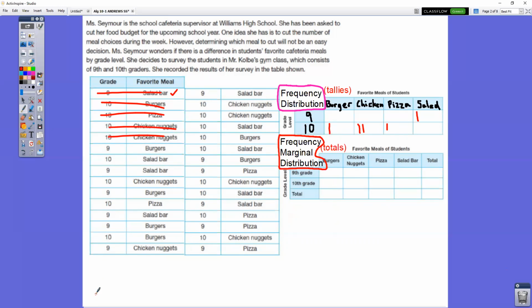The next one is 9th grade burger. So we put one little slash there. 10th grade salad bar, 9th grade salad bar, 10th grade chicken nugget, 9th grade burger, and we're just going to keep on going here.